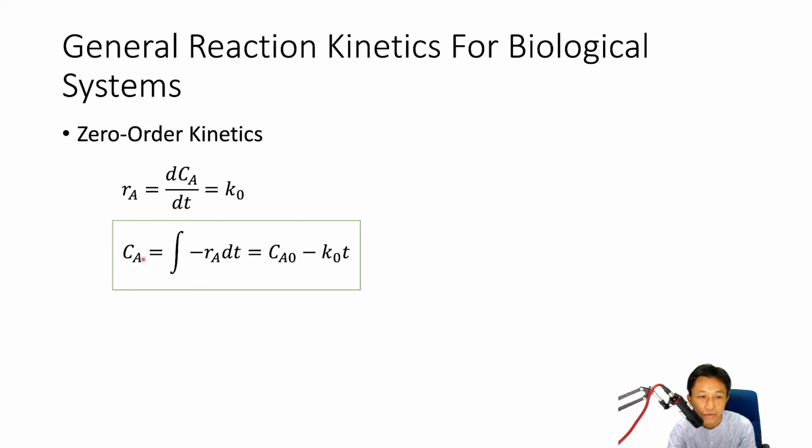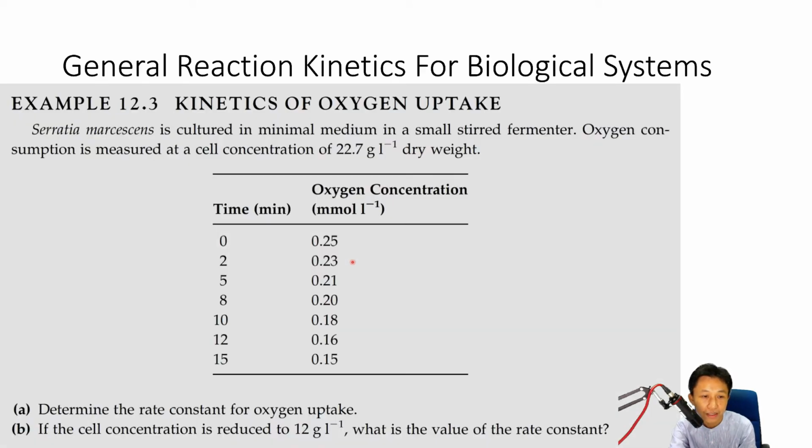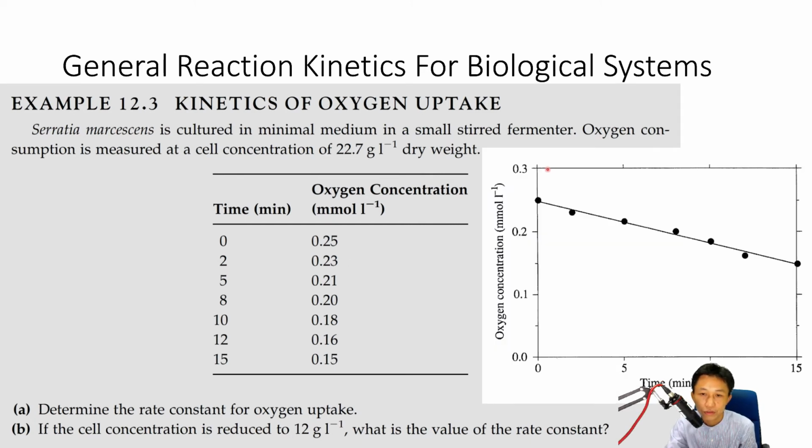And if you plot the concentration over t, you get a straight line like this. So you have the concentration over time becoming linear, so you can assume it is a zero order reaction.